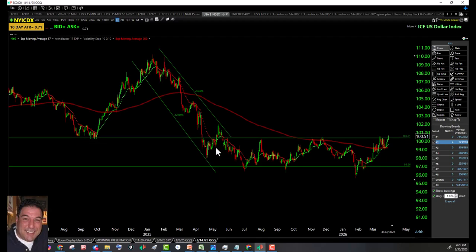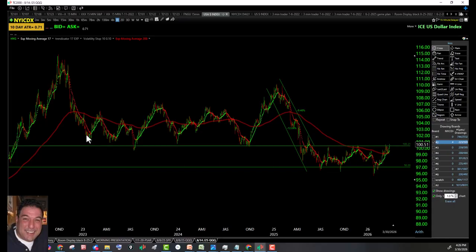And then we produced a 6-month bear flag right here, maybe even an 8-month bear flag, trying unsuccessfully to break out of the top of it. See, all of these valleys made up major support. Once we got below those valleys, now they all become resistance.